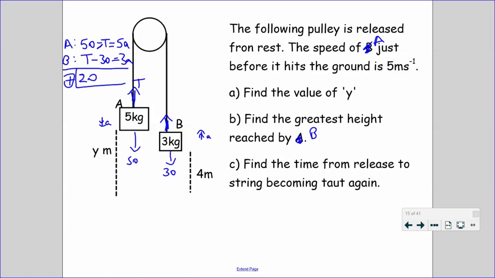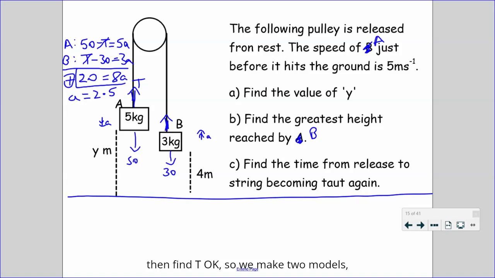Minus T plus T is 0. And 5A plus 3A is 8A. So 20 divided by 8 gives you A equals 2.5. They haven't asked you to calculate the tension. If you want to, you substitute A back in and then find T.